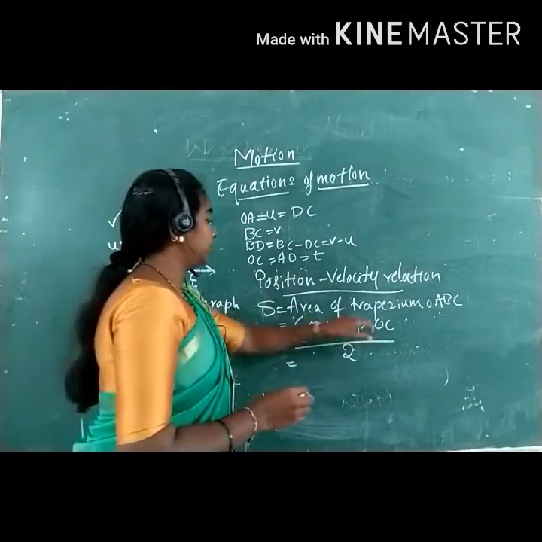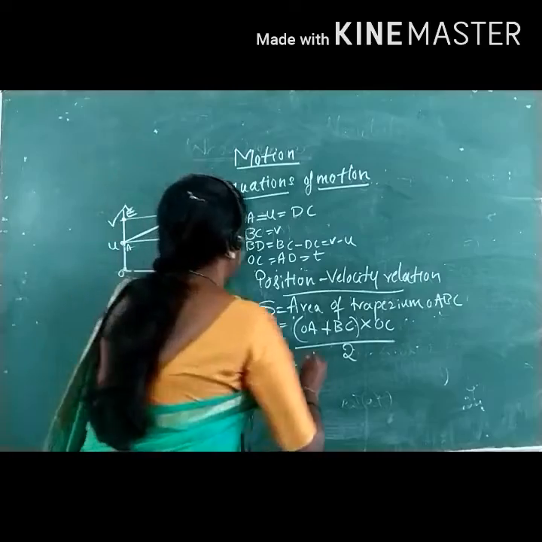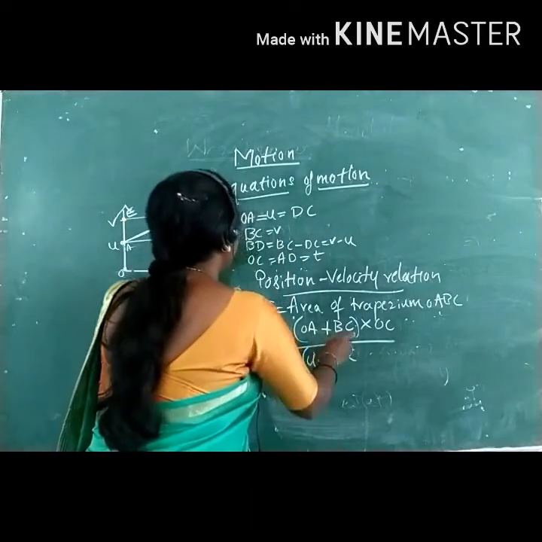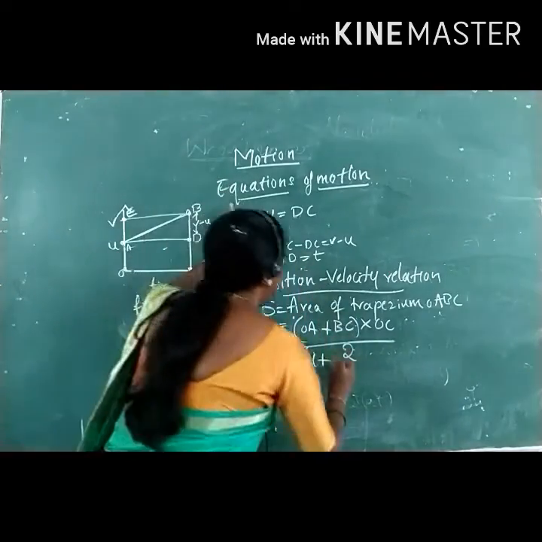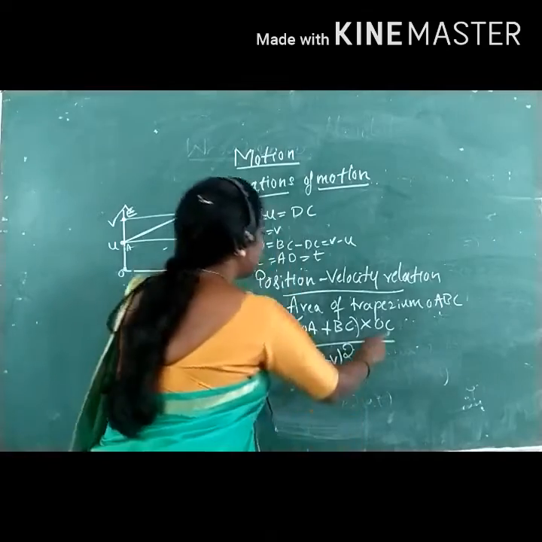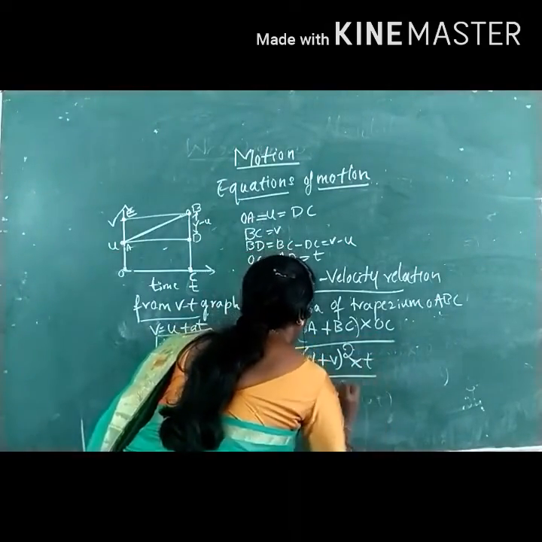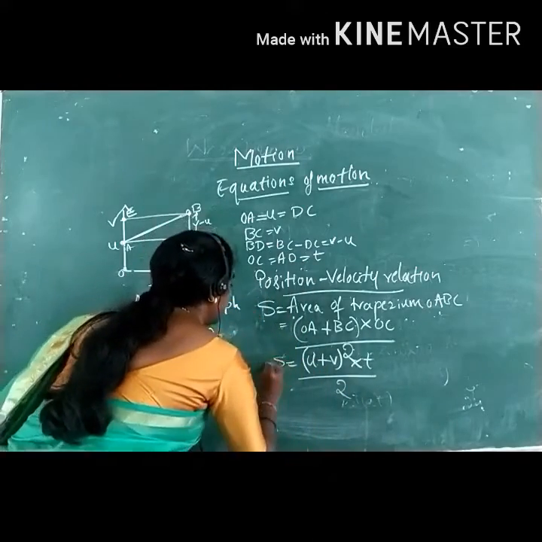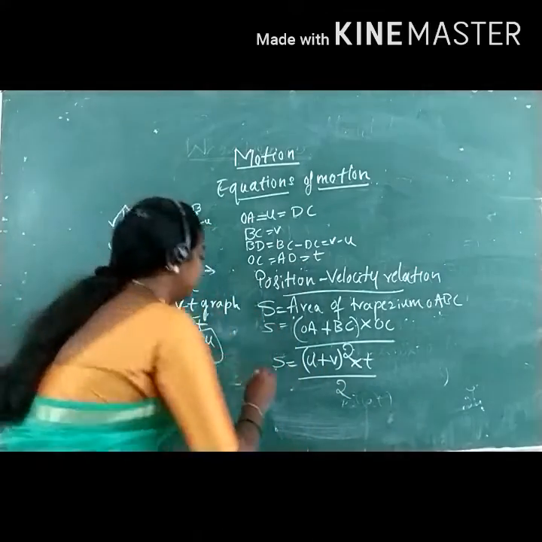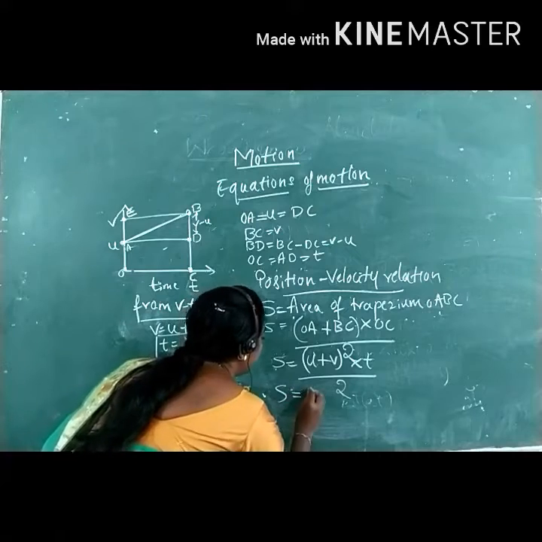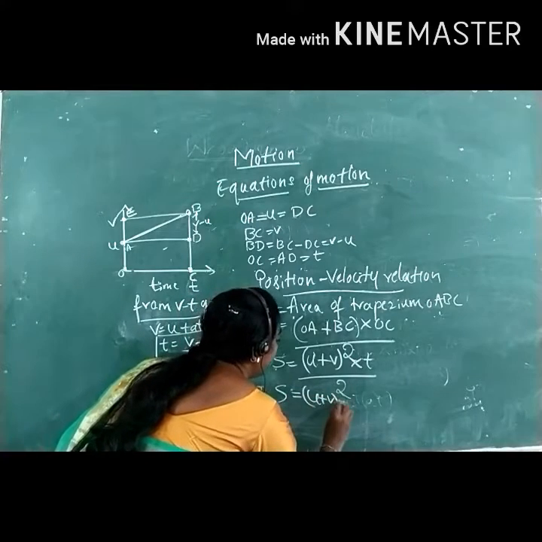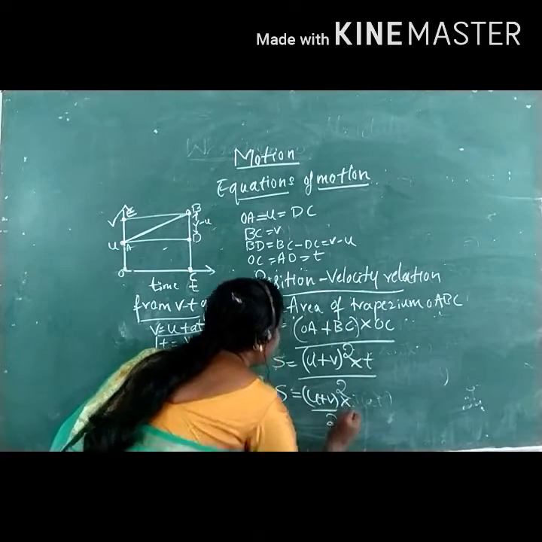OA is given by U, BC is given by V, OC is T, all divided by 2. On the other side we have displacement S. So S is equal to (U plus V) into T by 2.